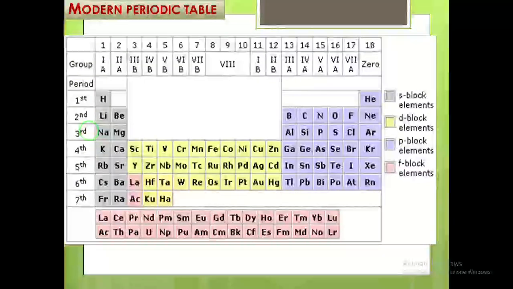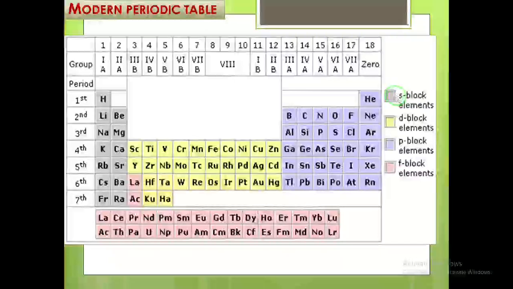Now we can see our modern periodic table. Looking at it, we can see that we have groups and periods. Like I said, the groups are the vertical columns, while the periods are the horizontal rows. Now, come to the keys here. The lilac or light purple color represents the S block of our electronic configuration.